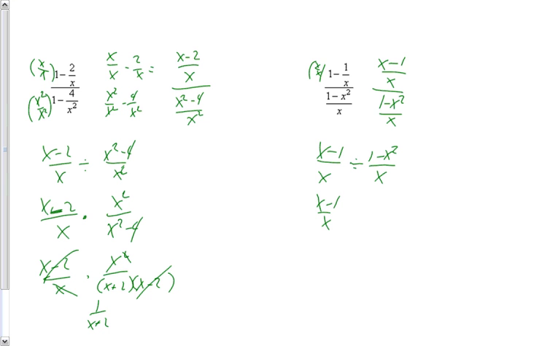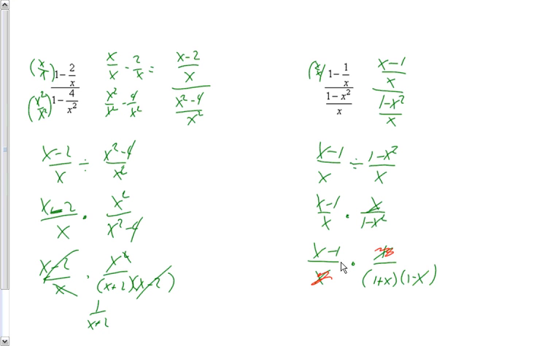Copy, change, flip, and then factor: x minus 1 over x times x. It's the difference of squares: 1 plus x, 1 minus x. It's easy to see the x's cancel.